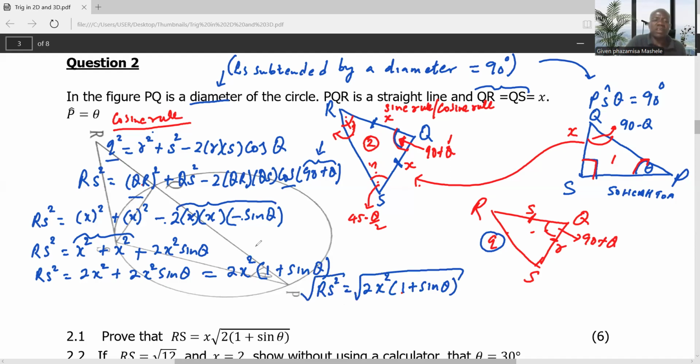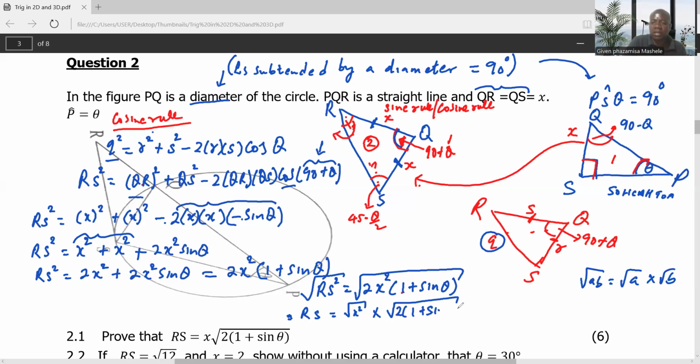Now, here we're going to use surds. We know that the square root of A times B is the square root of A times the square root of B. So okay, fine. This is RS. This is the same as the square root of X squared times the square root of 2 into 1 plus sine theta.